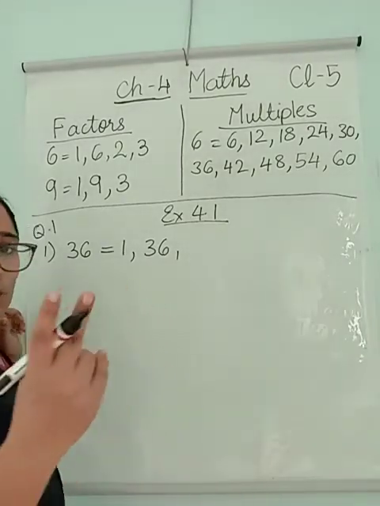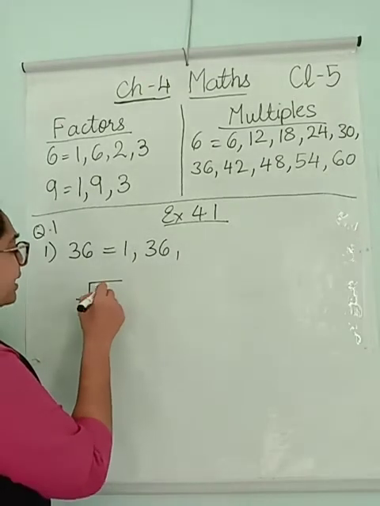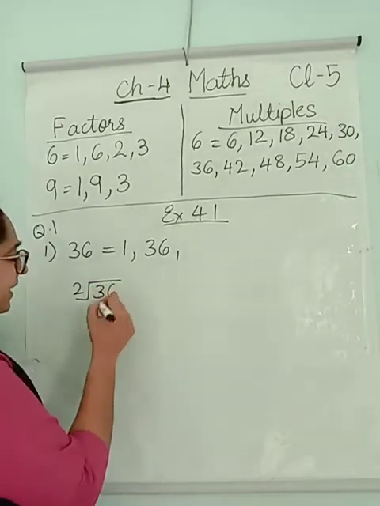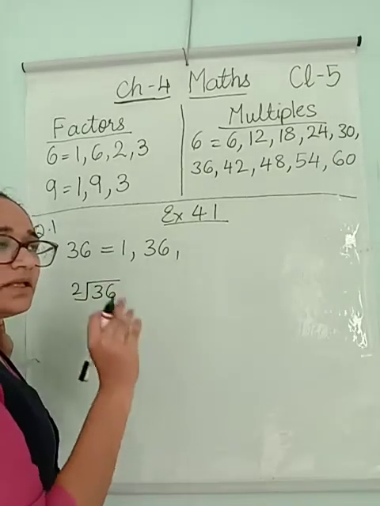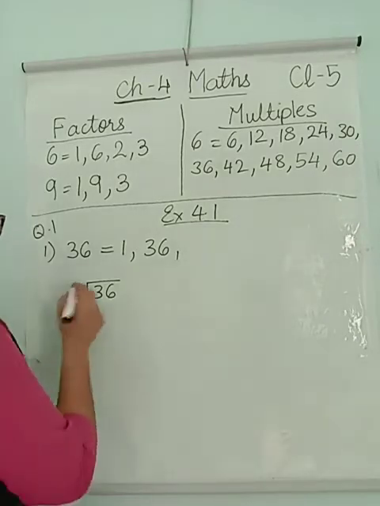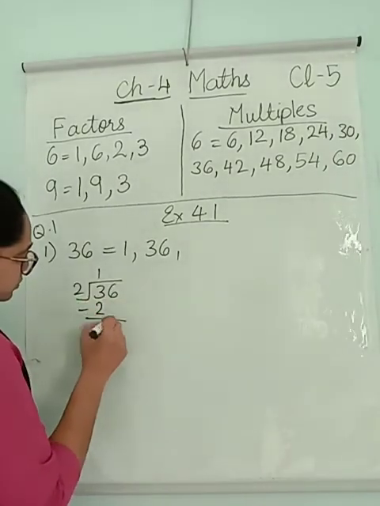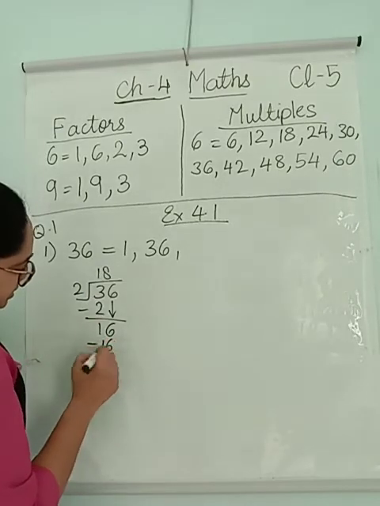Now start with 2. Now I will divide by 2 and see if I get 0 as remainder, then yes. If the remainder is not 0, then this is not a factor. So 2 1s are 2, 2 8s are 16.